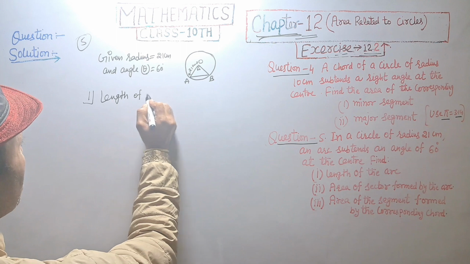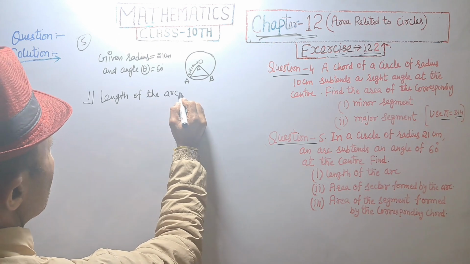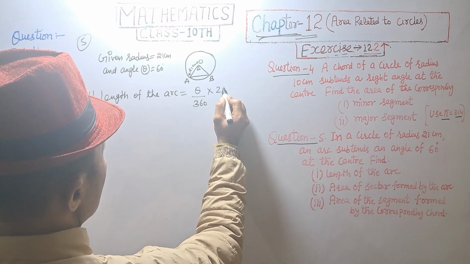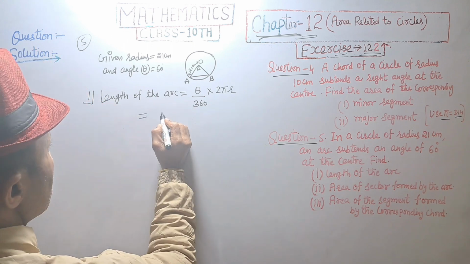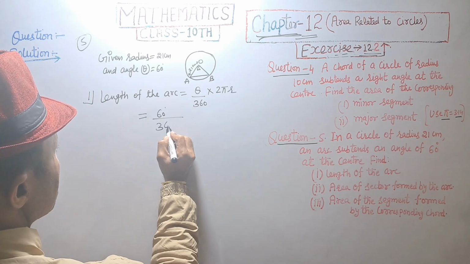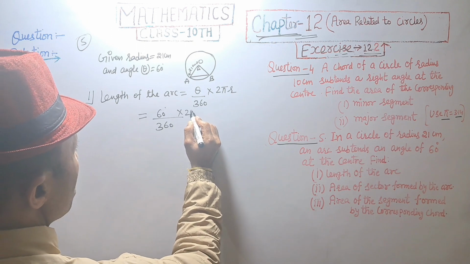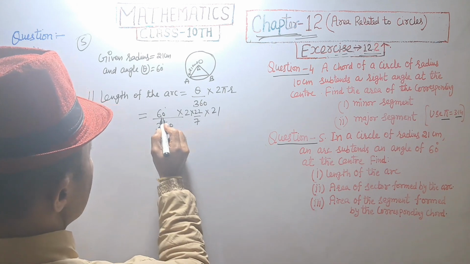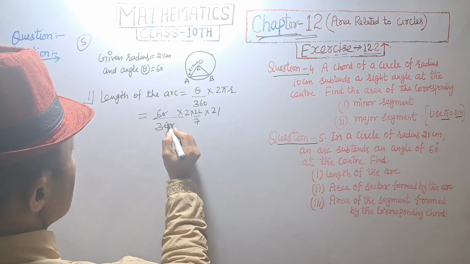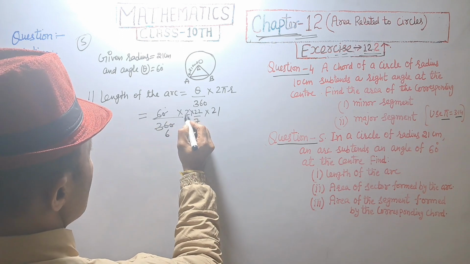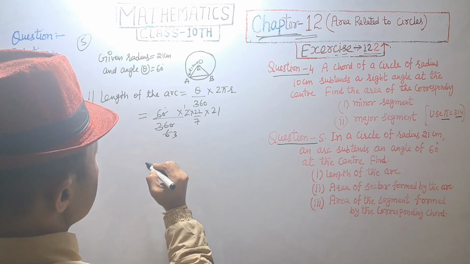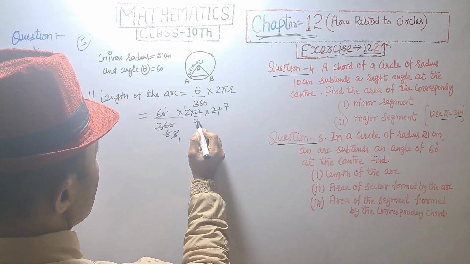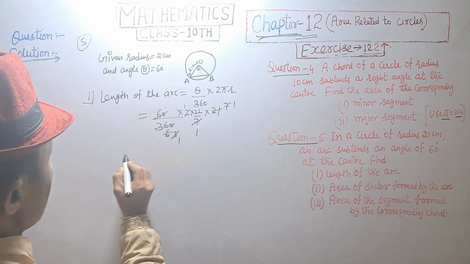Length of the arc is equal to theta upon 360 into 2 pi r. Theta is 60 degree divided by 360 into 2 pi, that is 22 upon 7, into radius 21. Zeros cancel, 6 6s are 36, 2 1s are 2, 2 3s are 6, and 3 1s are 3, 3 7s are 21, 7 1s are 7.